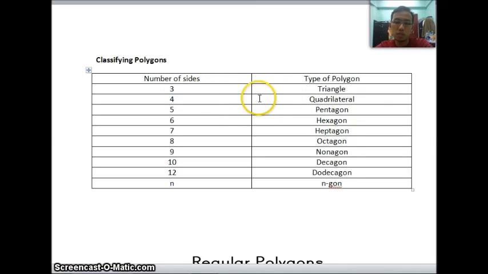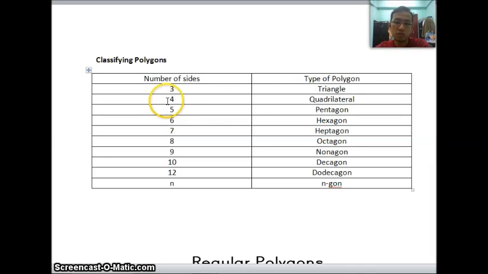A polygon with 3 sides will be called a triangle, no matter what kind of angle it has.